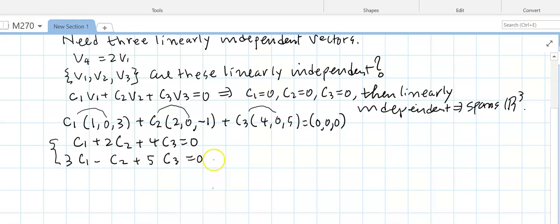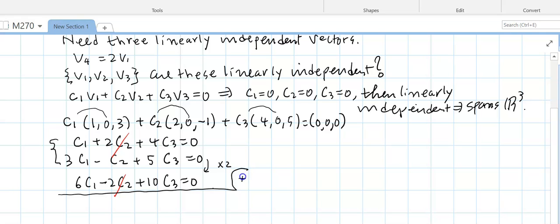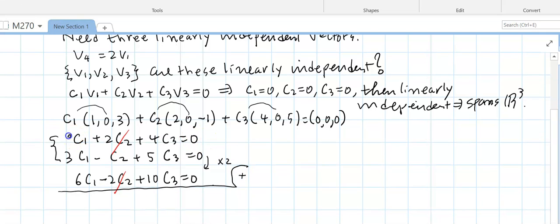So now if I look at this, C1, C2, C3, I want to eliminate C2. So I'm going to multiply this one times 2. So I get 6C1 minus 2C2 plus 10C3 equals 0. That way I can eliminate C2 by adding this equation and that equation.